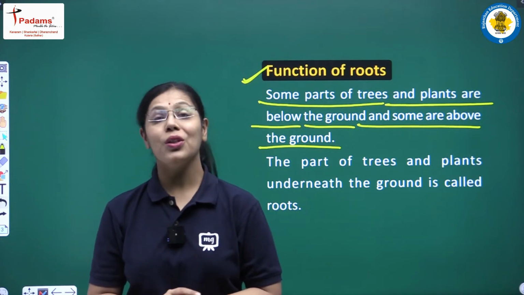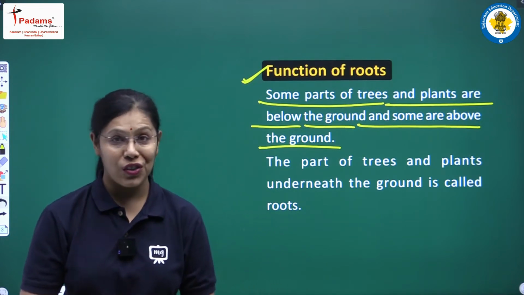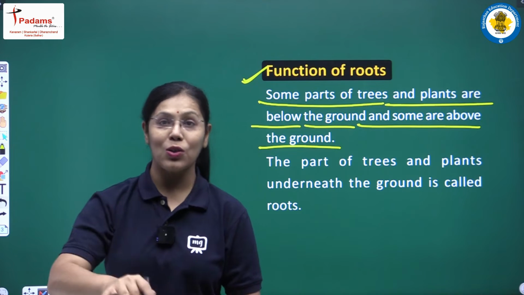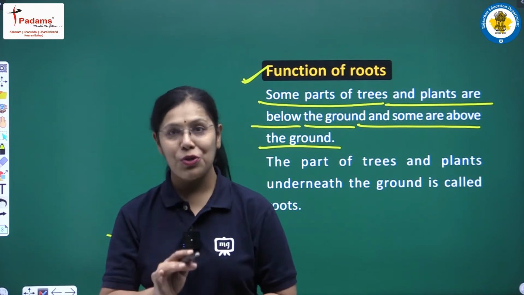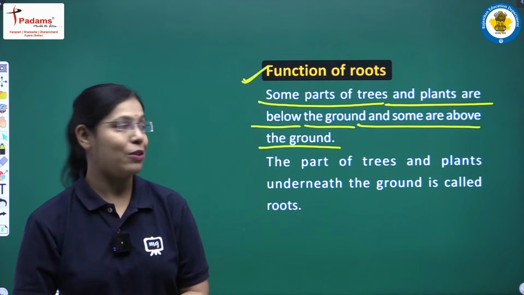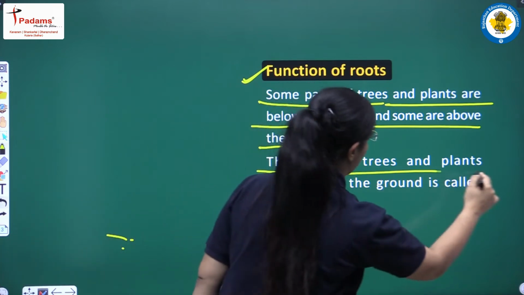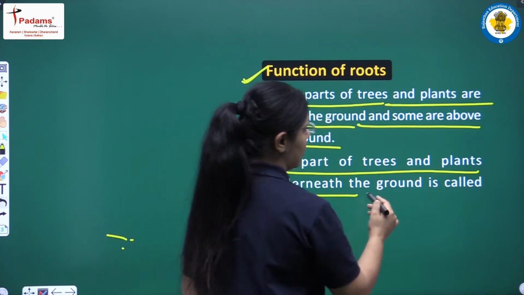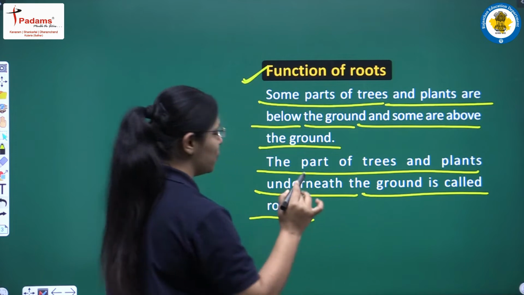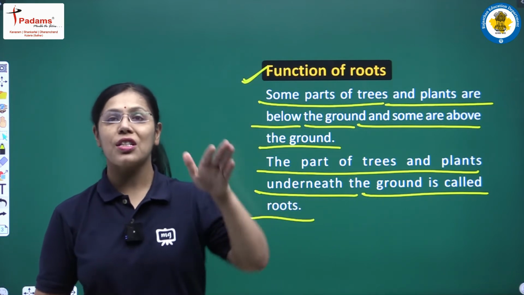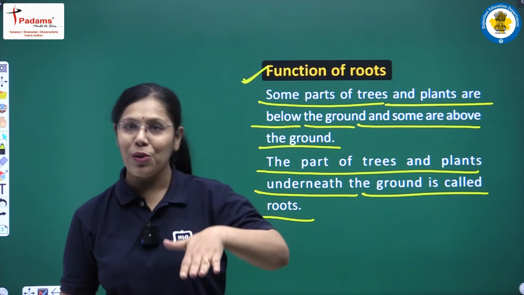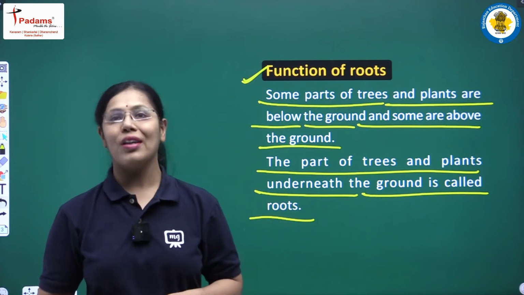But you must know that there are some parts of trees and plants which are below the ground, which are not directly visible to us, but you should know about that part also. The part of trees and plants underneath the ground is called roots. There is a specific name for that part of the tree which is below the ground, and that name is roots.